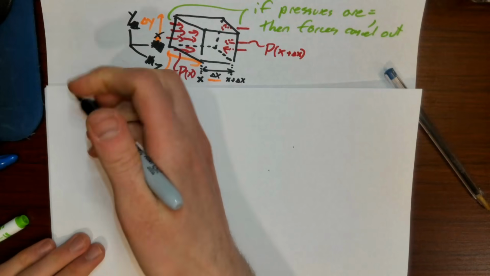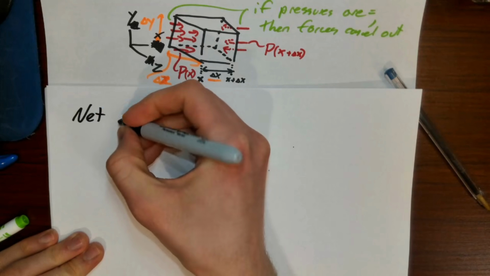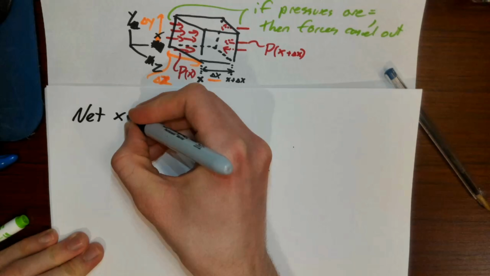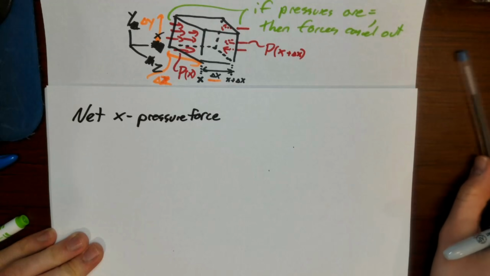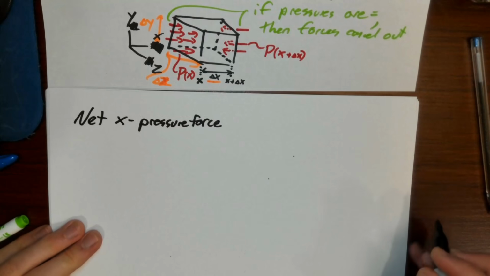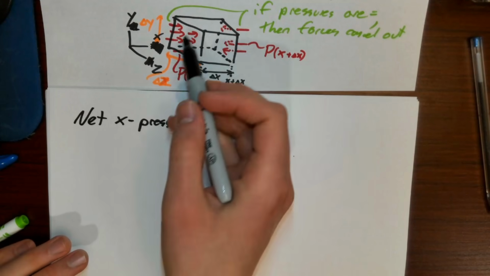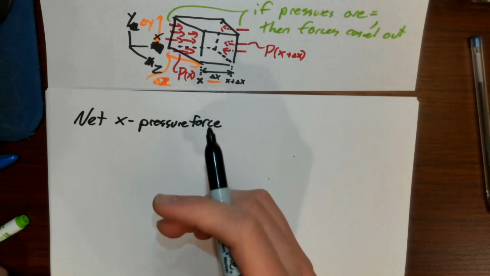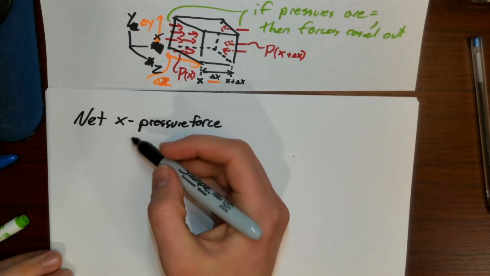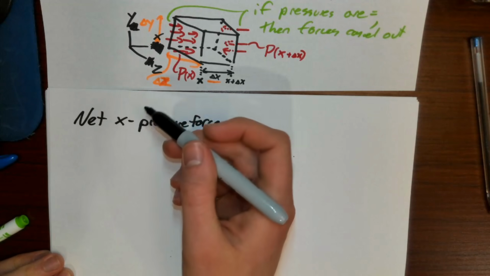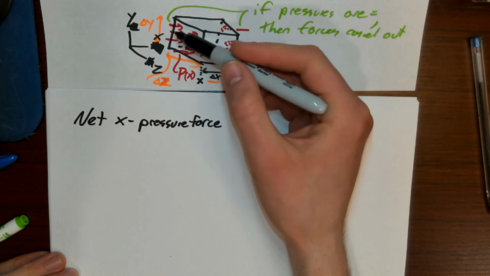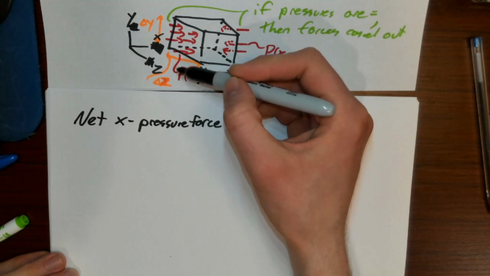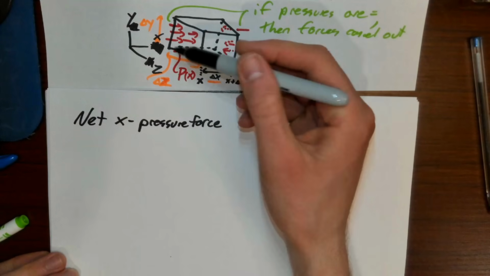So let's look at what the net X pressure force is, right? So when I think about net forces, well, if we look back earlier in the notes, pressure is force divided by area. So if I want to get the force from a pressure, I need to multiply that pressure by the area of the face it's acting on, right?